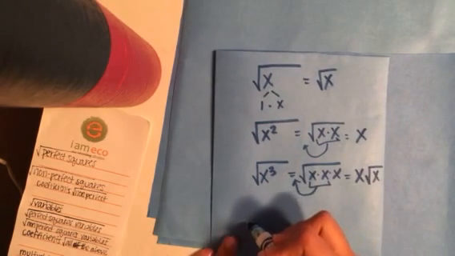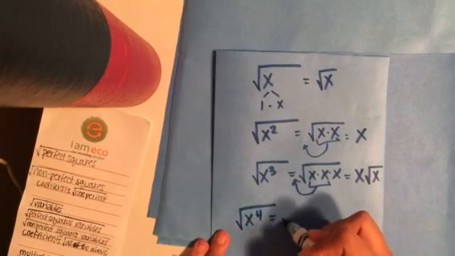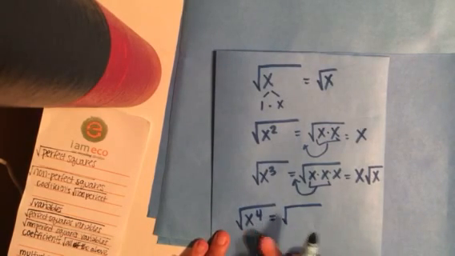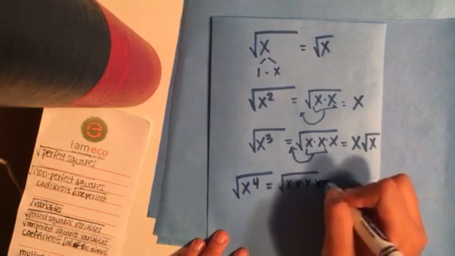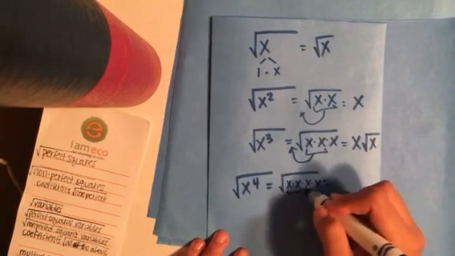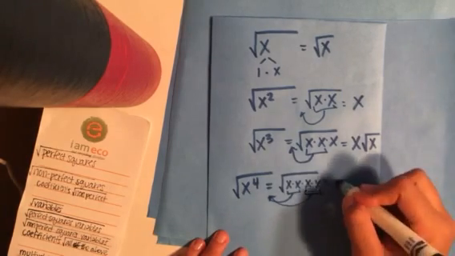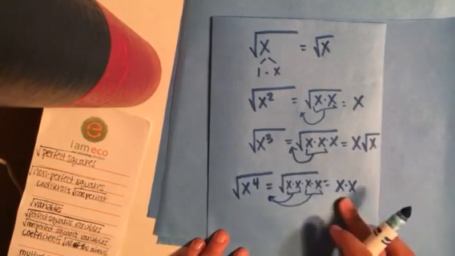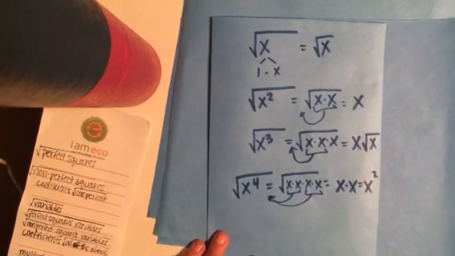If you were in math support, you've done this a lot, where you've just written out exactly what the exponent means. So in this case, x to the fourth is x times x times x times x. And we did this a little while ago. Here we can pull out 2 pairs of x from underneath the radical, and x times x is x squared.